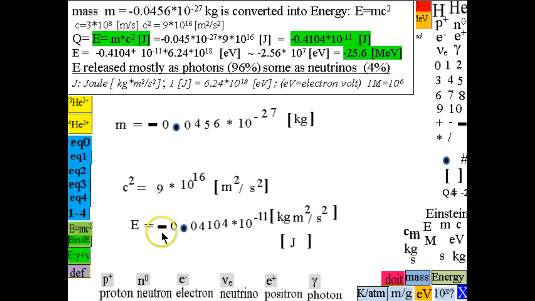And as it has a negative sign, minus 0.04104 multiplied by 10 to the power of minus 11 joule, that means that energy is released, and the energy is released in the form of photons and neutrinos.